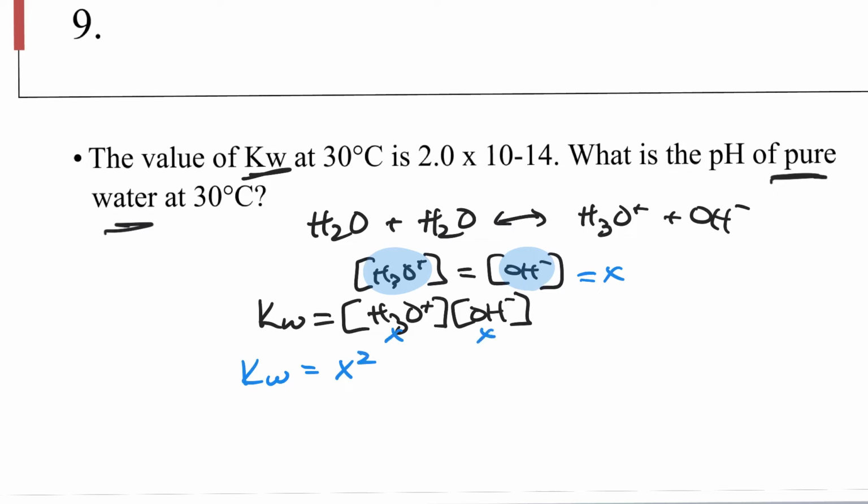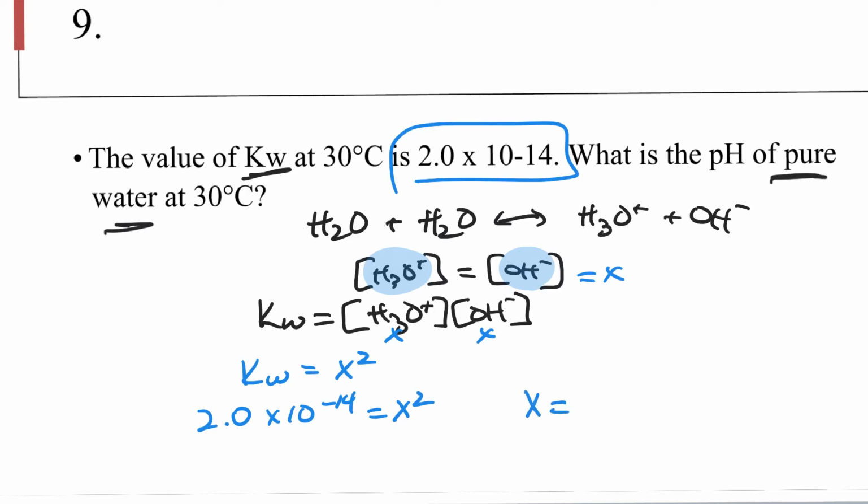So we substitute Kw: 2.0 times 10 to the negative 14 equals x squared.